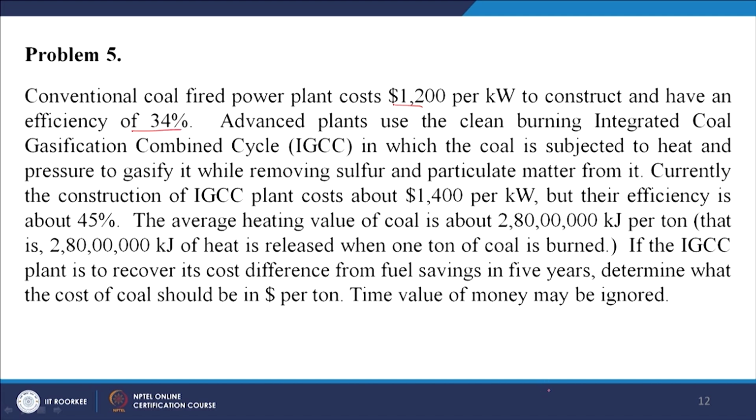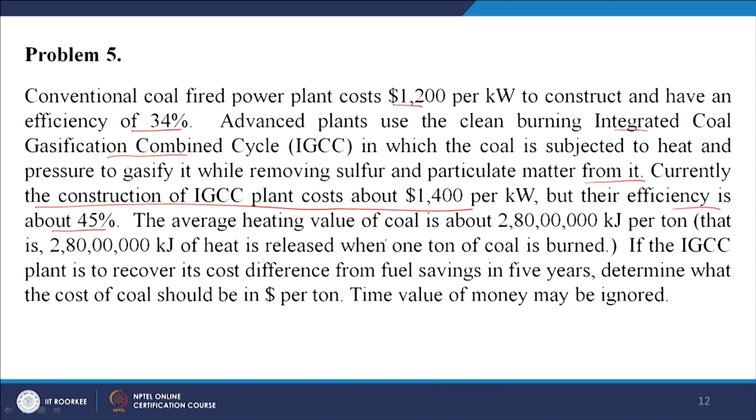Advanced plants use the clean burning integrated coal gasification combined cycle, that is called IGCC, in which the coal is subjected to heat and pressure to gasify it while removing sulfur and particulate matter from it. Currently, the construction of an IGCC plant costs about $1400 per kilowatt, but their efficiency is about 45%.